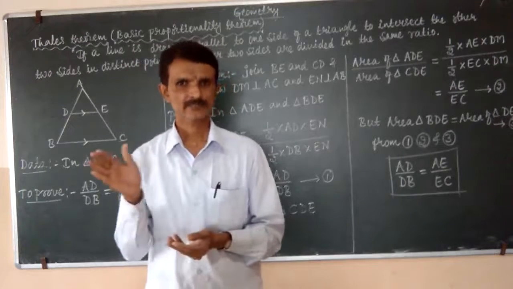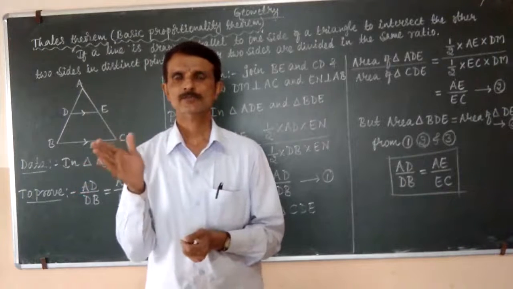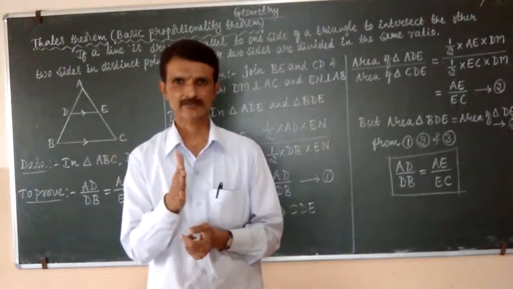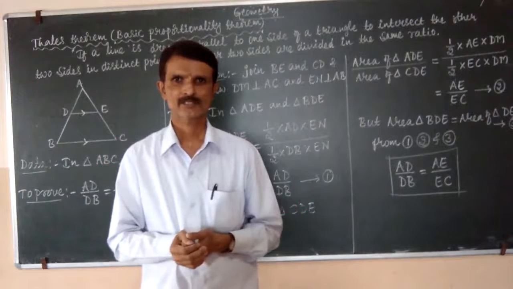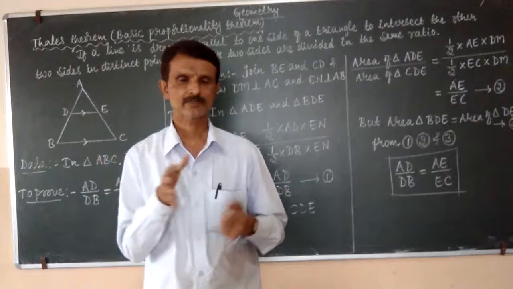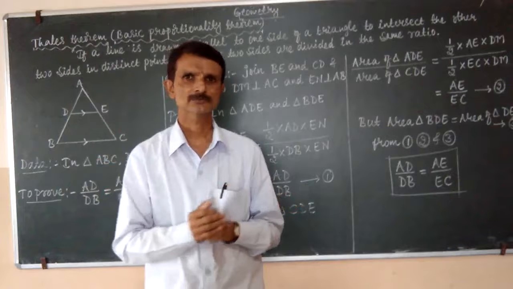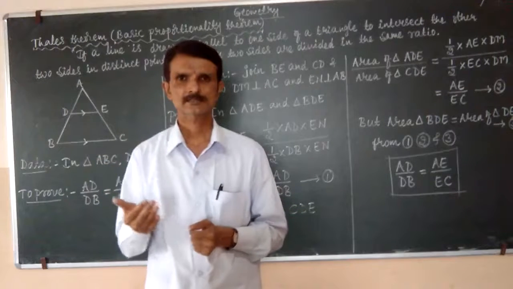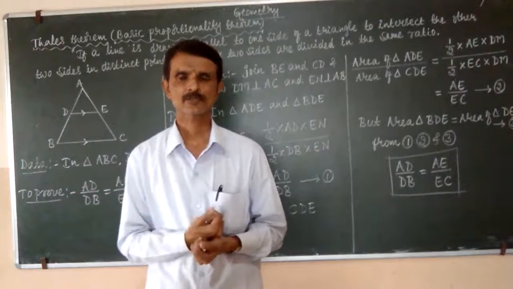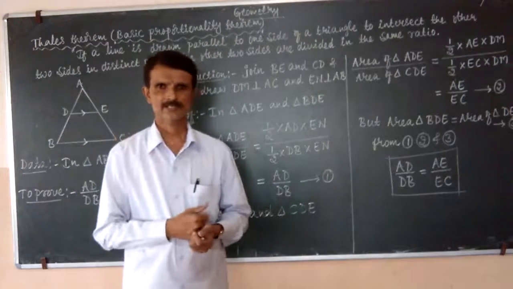The statement of a theorem contains two parts. The first part is the data given, and the second part is the conclusion. By using the data, we are going to prove the conclusion.